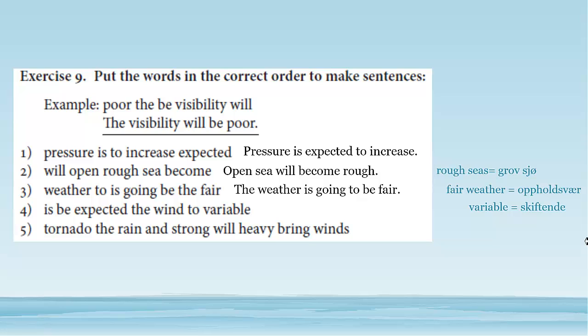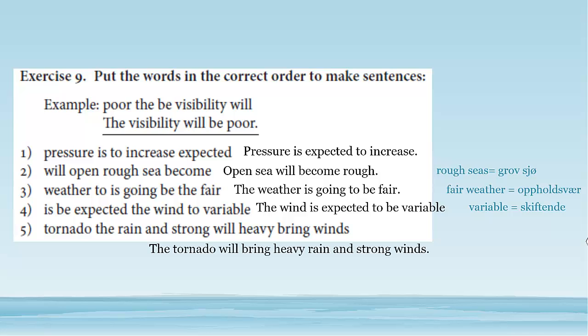It's just going to take a break from the precipitation. And then the next one, the wind is expected to be variable. In Norwegian, variable means skiftende. Skiftende breeze, variable breeze. Okay, and the last one, the tornado will bring heavy rain and strong winds.